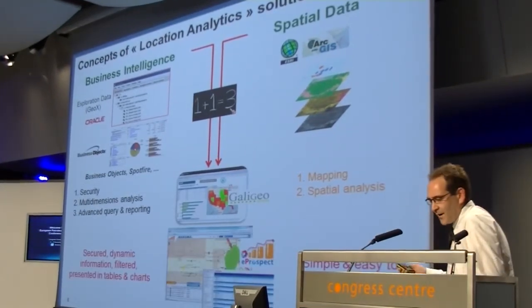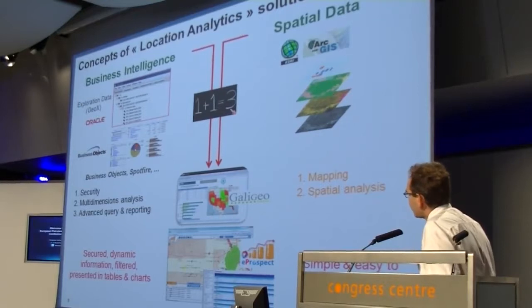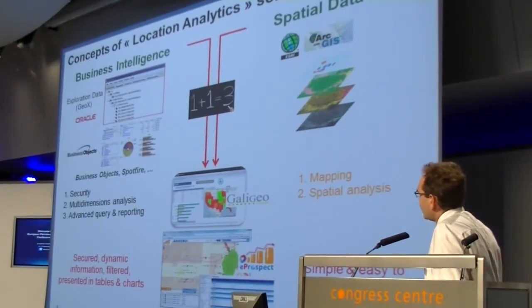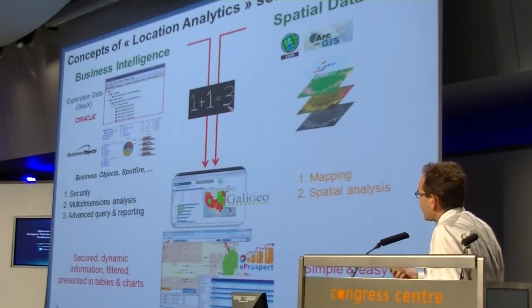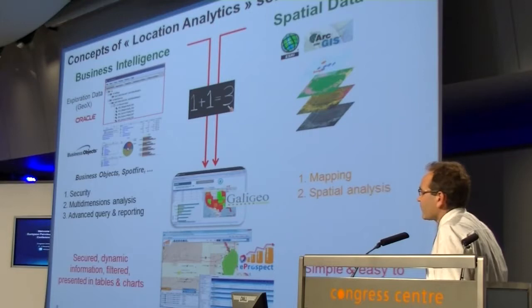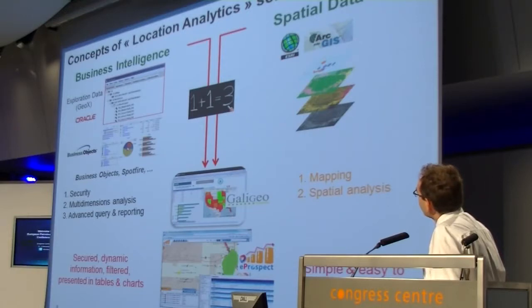So at the end, we end up with a solution that is secured and dynamic. We can present the results in tables, charts, and whatever we want. And the interface, as it is web-based and spatial, is simple and easy to read and analyze. So we hope it will cover the needs that are expressed by users.